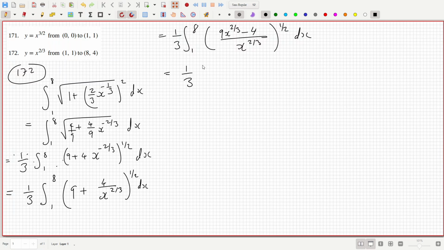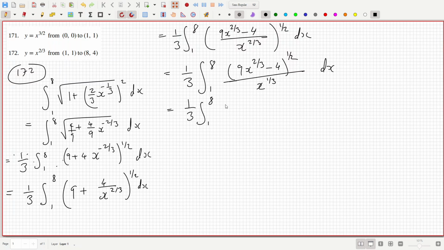I can get rid of the negative power. So that's 1/3, integral from 1 to 8, root of 9x to the power 2/3 minus 4, over x to the power 1/3, dx. Oh, this is looking promising now. 1/3, integral from 1 to 8, x to the power minus 1/3, times 9x to the power 2/3 minus 4, to the power 1/2, dx.